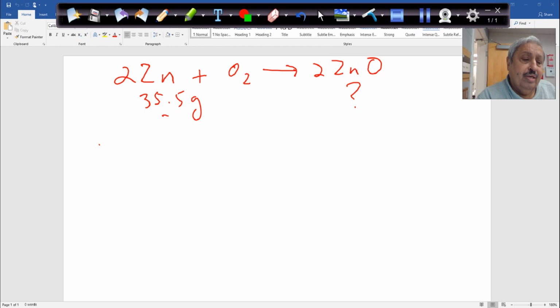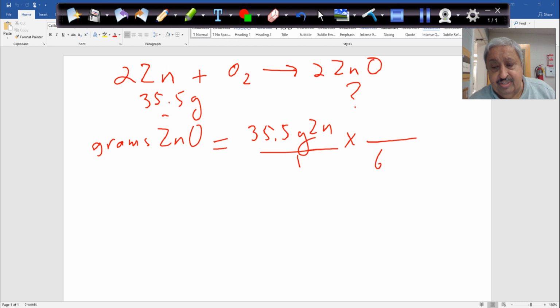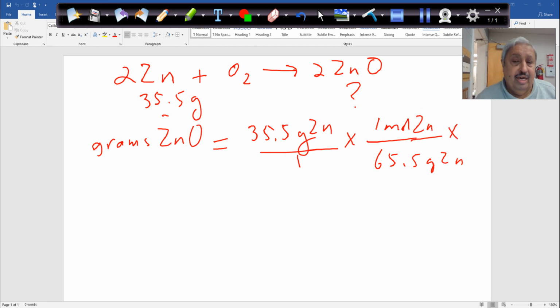So grams of zinc oxide will equal 35.5 grams of zinc over 1. I have 65.5 grams of zinc per 1 mole of zinc. Next, I have to look at the mole ratio of zinc oxide to zinc.